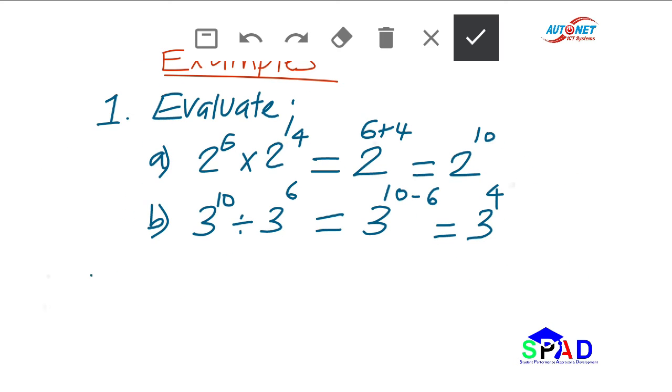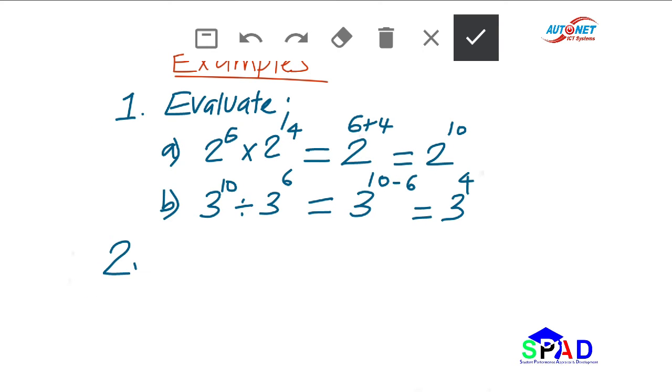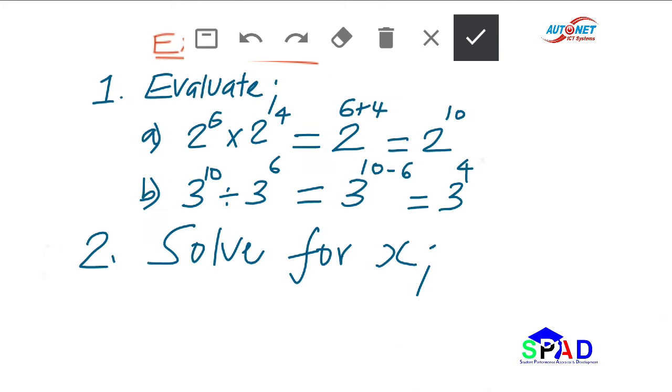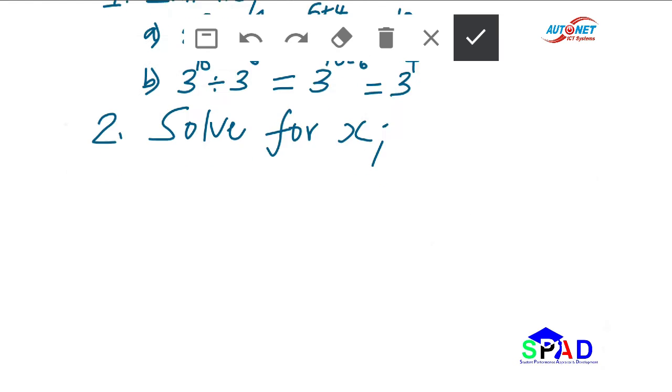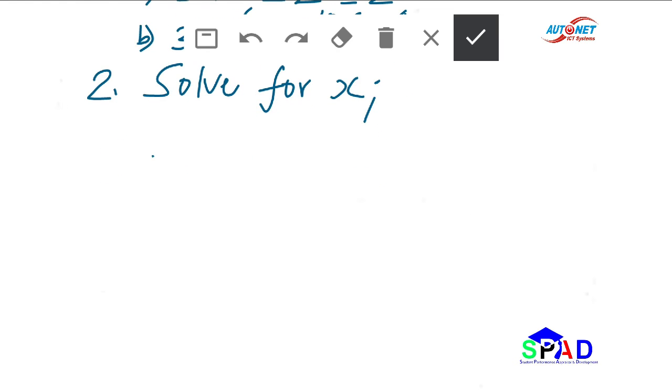I want us to look at another question where we're supposed to solve for x. So I want us to solve for x in the following: 2 to power x raised to power 3 equals 2 to power 12.